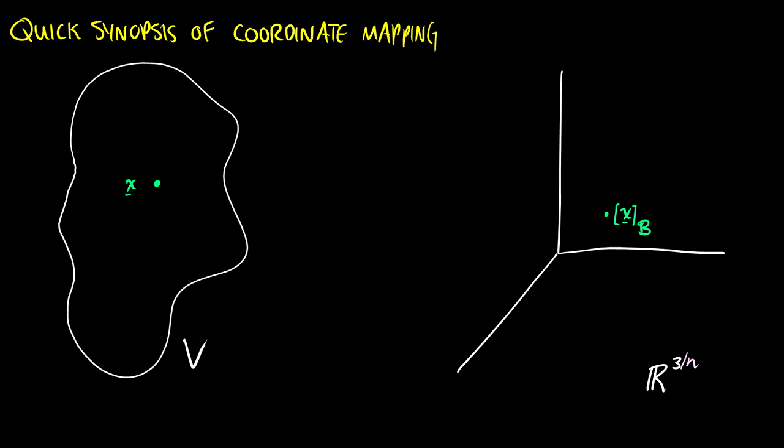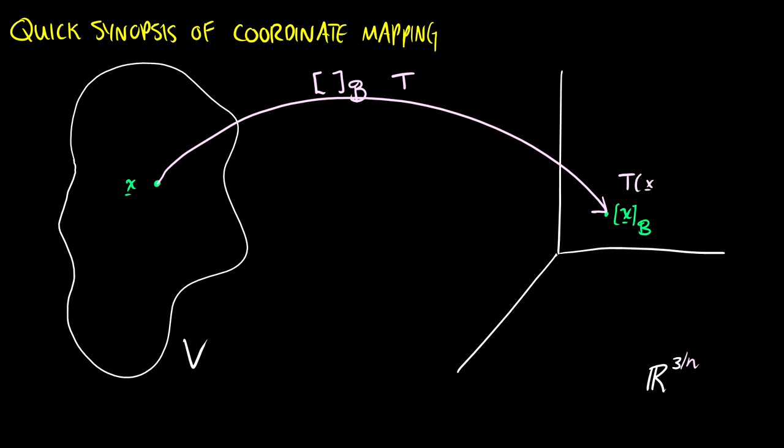So we have a vector in our space V. So what we do is we map it to some point relative to B by taking the transformation on it. And this transformation, you could write this as brackets with a B, you could write it as a transformation T, so this could be T of x, but as standard notation, the brackets with the B, we know it's relative to a basis.